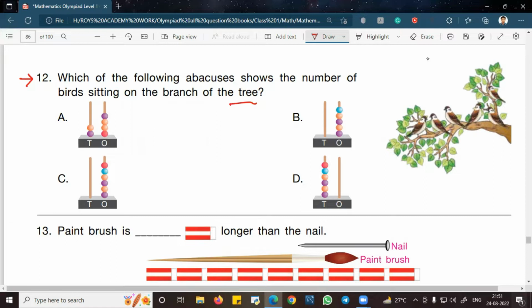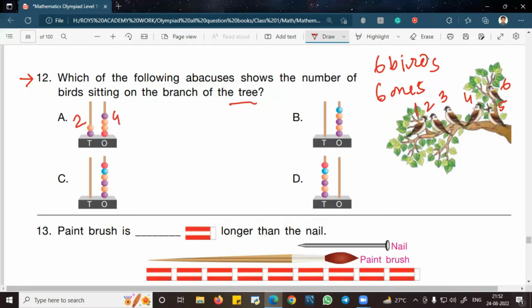We can see there are 1, 2, 3, 4, 5, and 6. So we have 6 birds. So 6 birds means 6 ones. So we have to check in which abacus we can see 6 ones. At first we look at option A. In option A there are 2 in the tens place and 4 in the ones place.